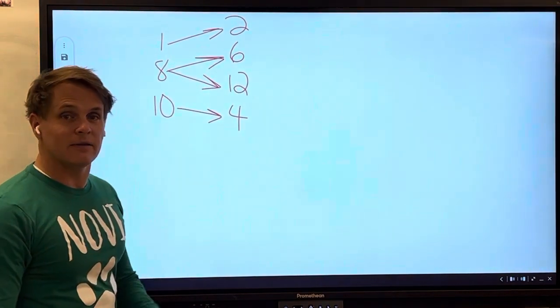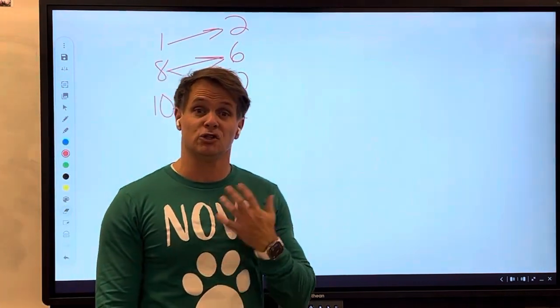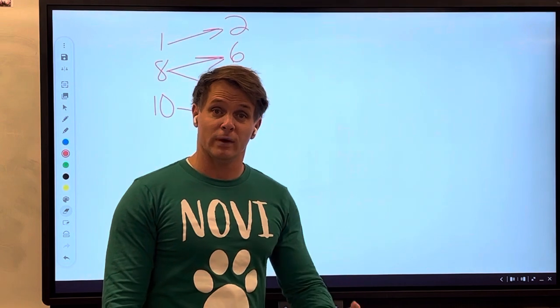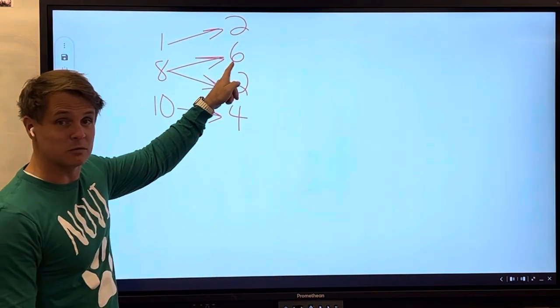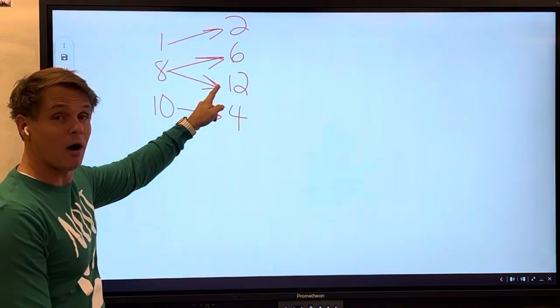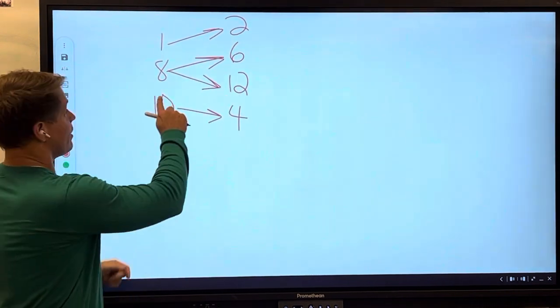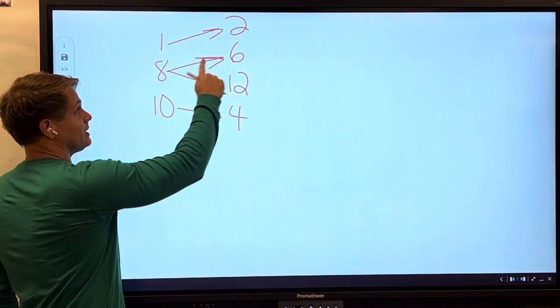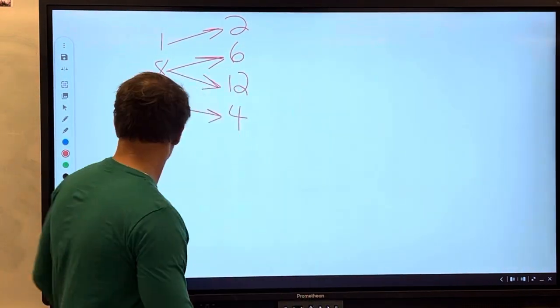If I have a data set that looks like this and I want to determine whether or not it's a function, the answer is no, it's not a function. And the reason, again, is because I have an 8 that's shared with the 6 and an 8 that's shared with a 12. These are the x values, these are the y values, and since I have 2 8s, an 8 6 and an 8 12, 2 x values, it's not a function.